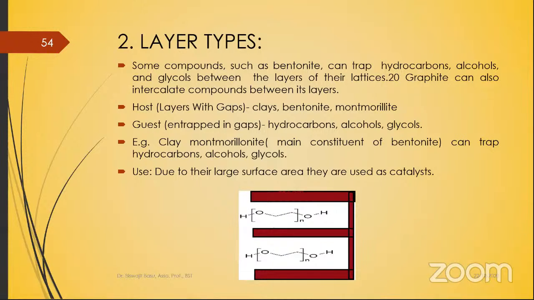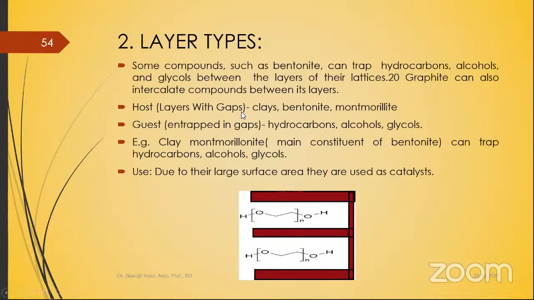Now what is bentonite? Bentonite is one compound which is used for preparation of various cosmetic preparations. Bentonite is used very much in cosmetics, for example, face powder. Face powder contains bentonite. So montmorillonite is one constituent of bentonite.